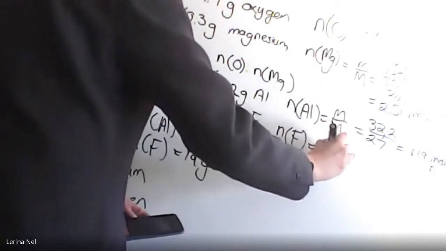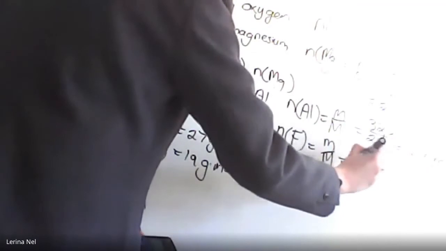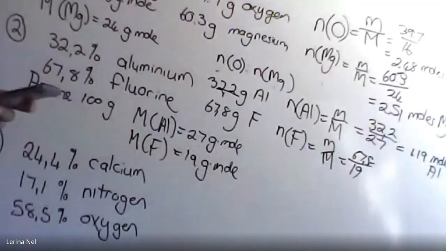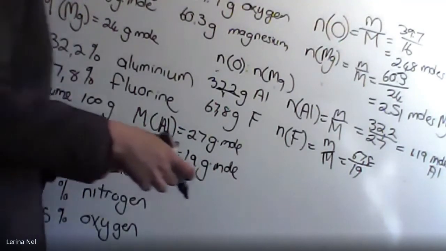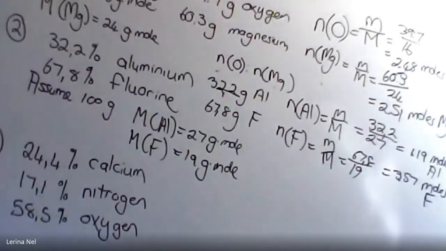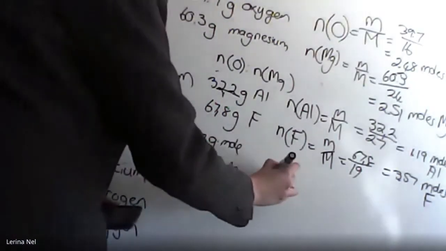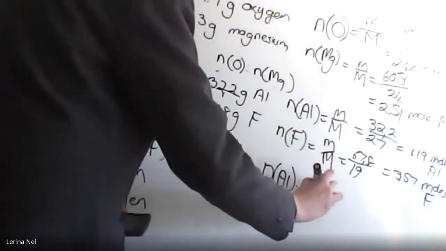We do the same thing for fluoride. Mass divided by molar mass. The mass 67.8 divided by 19. This is going to give me 3.57 moles of fluoride. My next step here is to calculate the mole ratio. So I'm going to calculate the mole ratio of aluminium to fluoride.